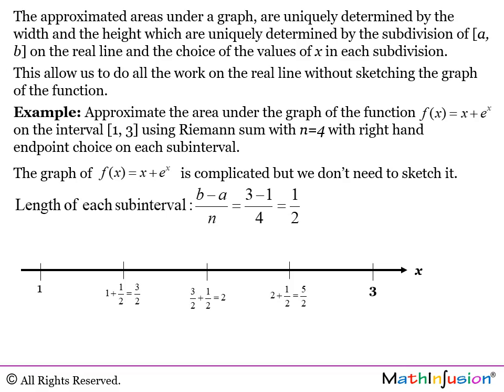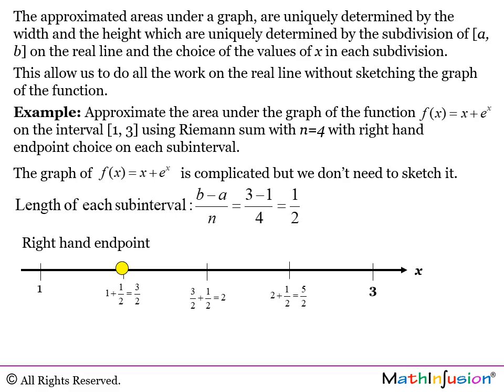Now I'm just going to make a note to myself that I need to take the height using the right-hand endpoints. In the first segment, this is the value of the function that I need to take. It has to be f of 3 over 2.